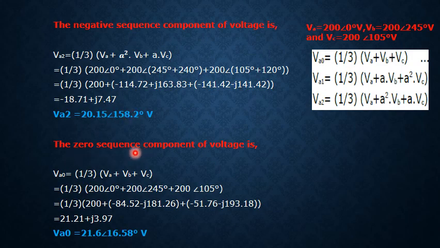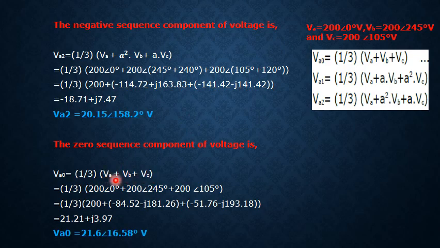Similarly, next, what do we need to find? The zero sequence component voltage. What is the formula we derived in our previous session? This is the formula we derived. The zero sequence component voltage is given by 1 by 3 into VA plus VB plus VC. Now substitute the respective phasor values in this equation.